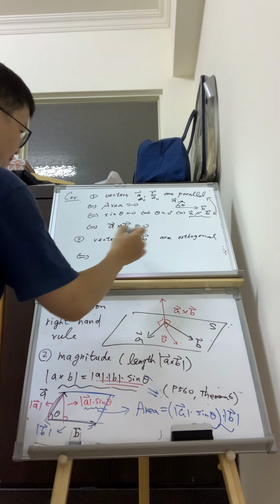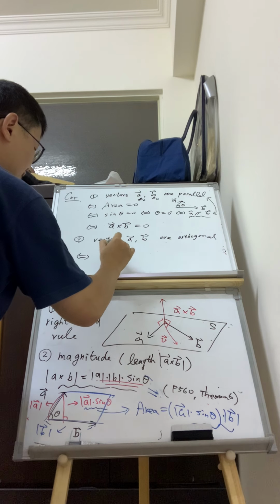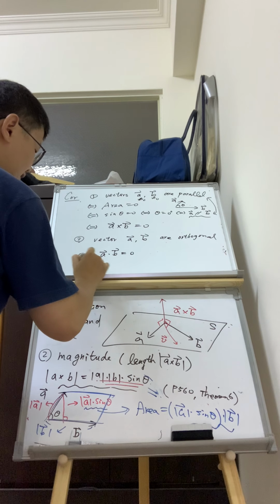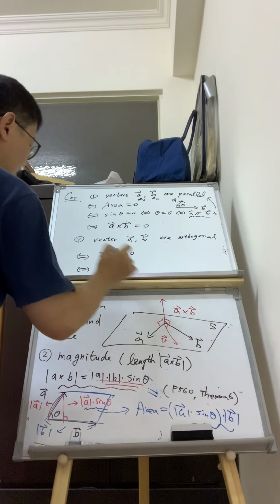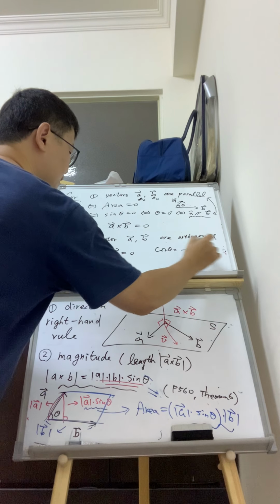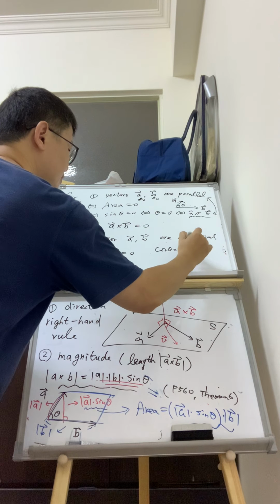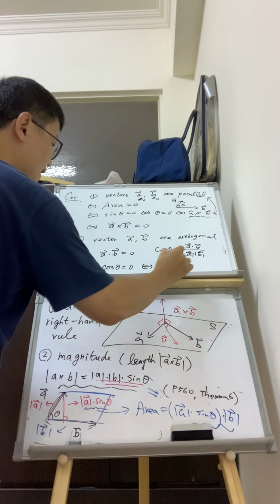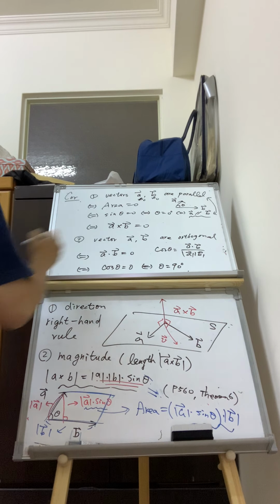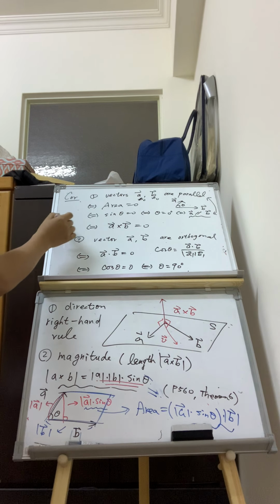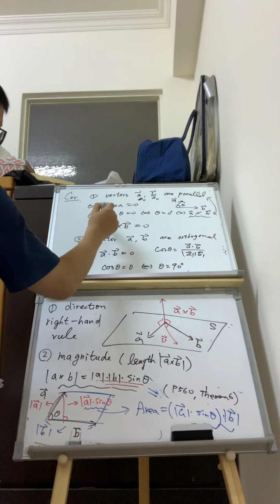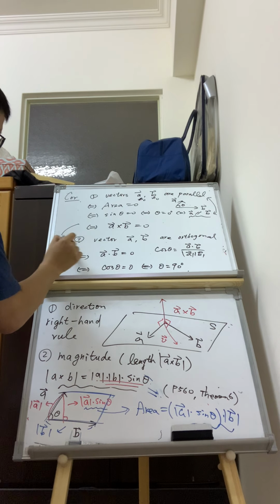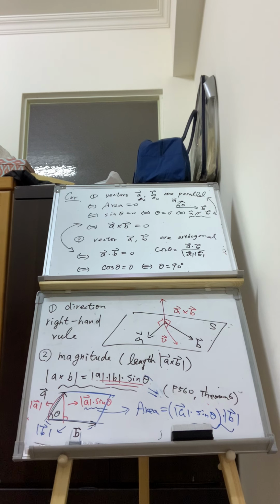Its definition is this one: the scalar product equals 0, which also means cosine theta equals 0, so in this case theta is 90 degrees. You could compare these two results. For the scalar product and for the cross product, they mean different things.